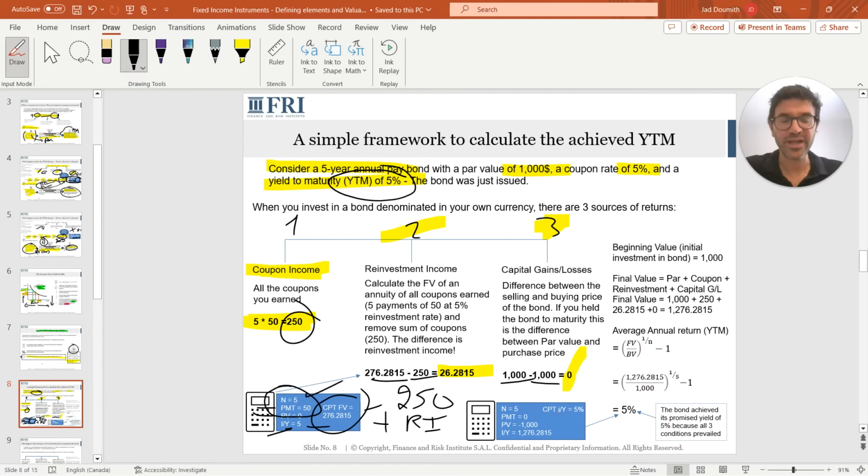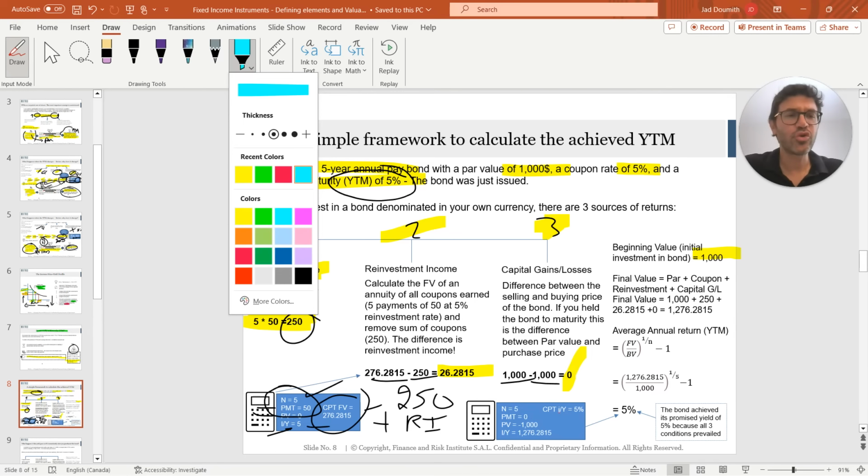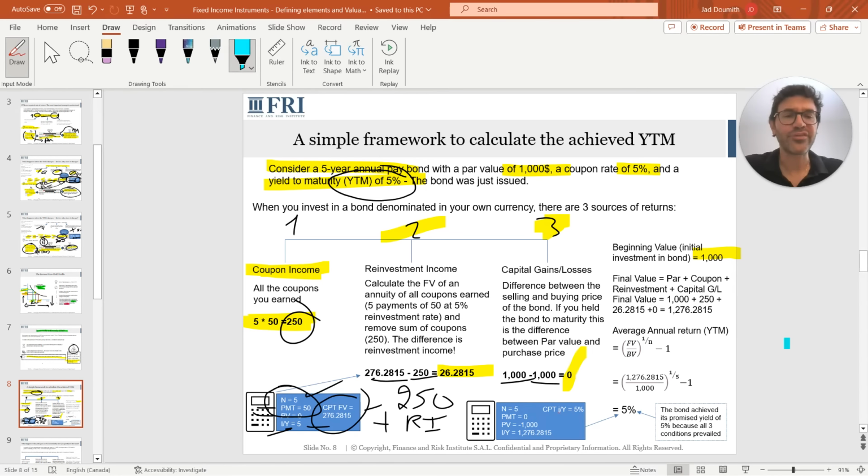We know before the fact that yes, we were able. We're just demonstrating it. Now, how do we demonstrate it? You have the long way. What is the initial value that you invested? $1,000. What is your total level of wealth 5 years from now? Let's count them together. 5 years from now, they pay me back the $1,000 par value.